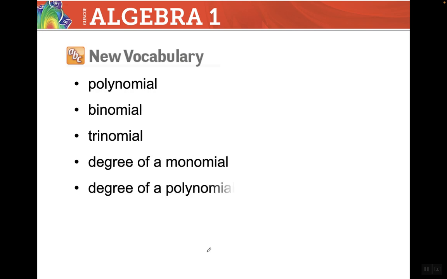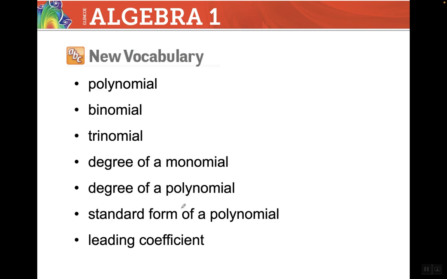So here is the vocab. Polynomial is just a broad general term for all. We talked about monomials, okay? That's your one term, like your 3x squared. And then a binomial, like a bicycle, is two terms.